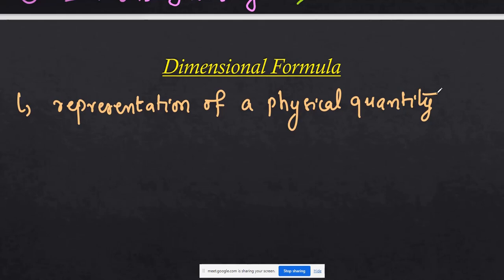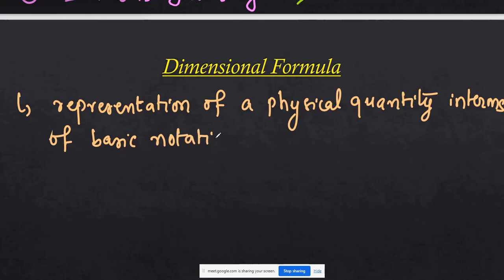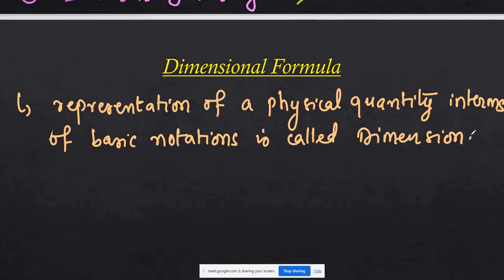We just represent it in terms of its basic notations. This is called the dimensional formula, short form D.F.